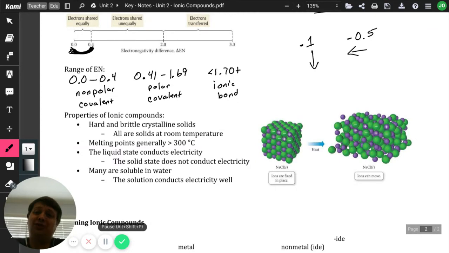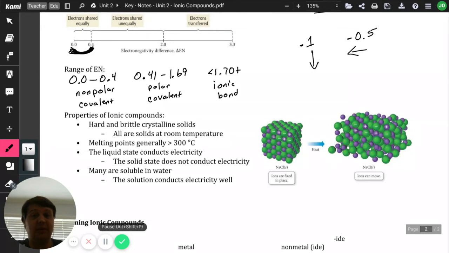Ionic compounds do not conduct electricity as a solid, meaning if I take a stick of table salt and I stick it into a light socket, it's not going to shock me, all right, because ionic compounds do not conduct electricity as a solid. Now, if I took liquid sodium chloride and poured it into it, then that would, yes, conduct electricity, all right?